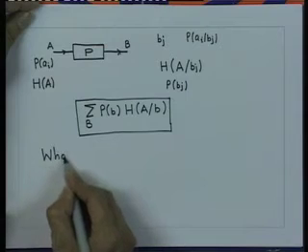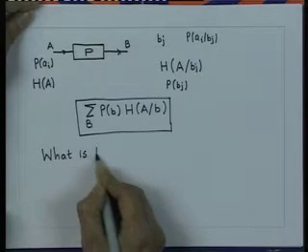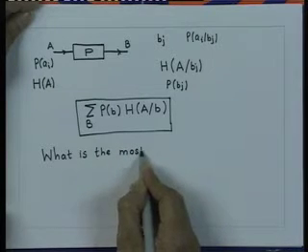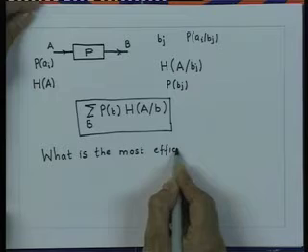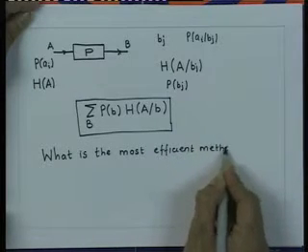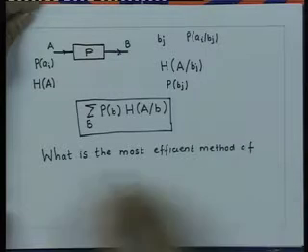In order to obtain such a generalization, we need to ask a question similar to the one which we asked when we proved Shannon's first theorem, and the question is, what is the most efficient method of coding from a source?